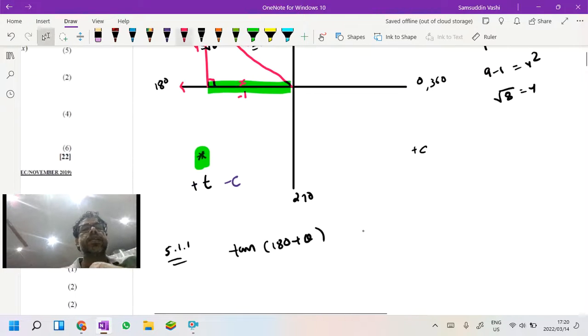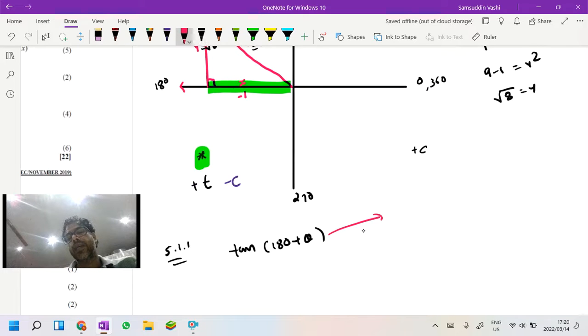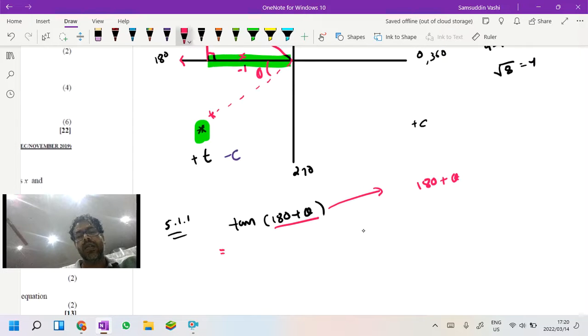So like we discussed, we are going to check where this angle, 180 plus theta, is. First is the reduction formula. This one, 180 plus theta, tells me it is in the third quarter, after 180. So that's theta. In the third quarter, tan is positive, and according to the reduction formula, 180 will fall away.